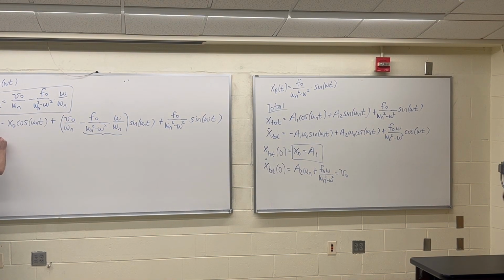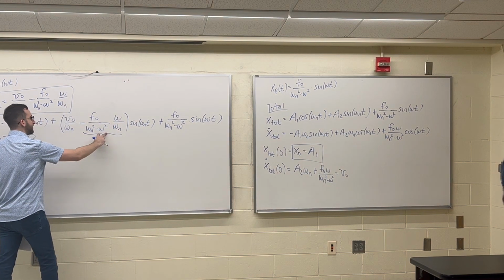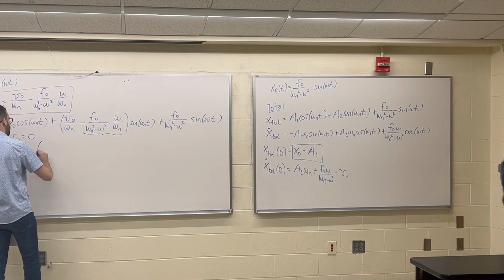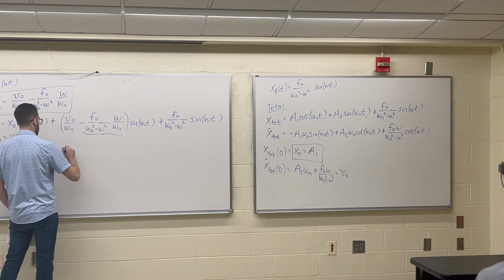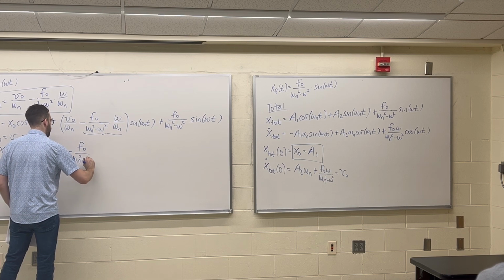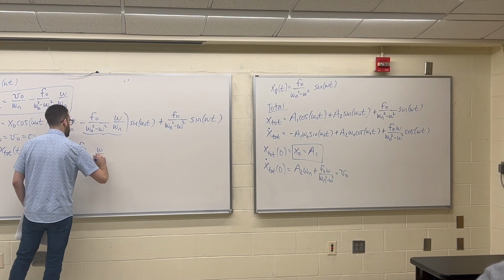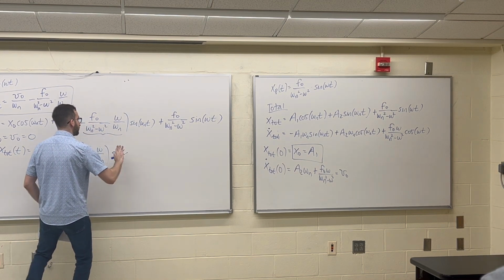So now what we'll do for this problem is they told us the initial conditions were 0. We'll say that x total will be this term minus this term times sine omega t. Oh, sorry.